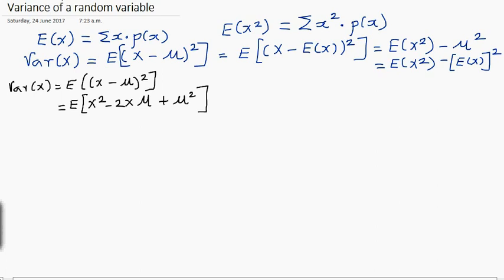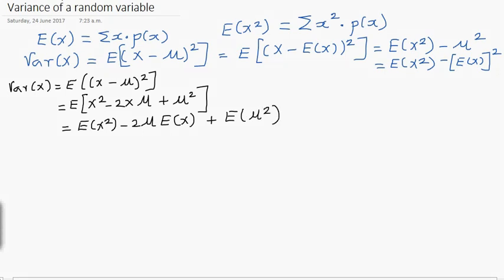This is squaring the brackets, so now applying the expected value to each of them. So this is the expected value of x squared minus 2 mu times the expected value of x plus the expected value of mu squared. Now mu squared is a constant, so the average of the constant is going to be the constant itself.